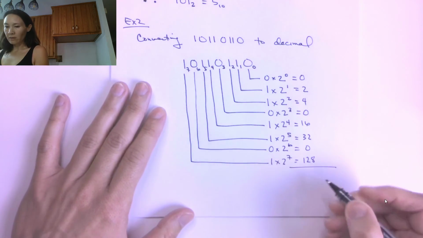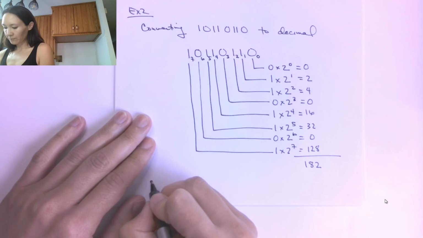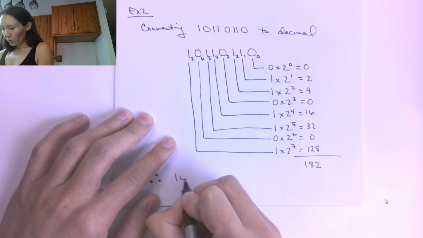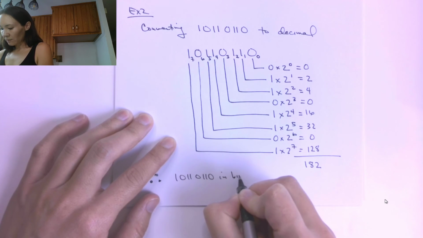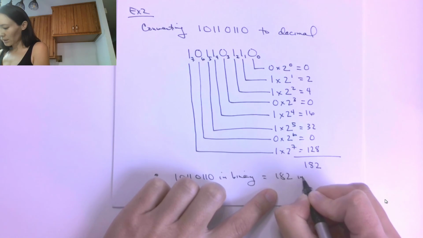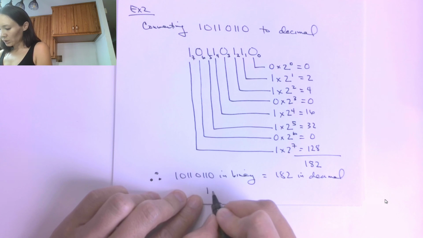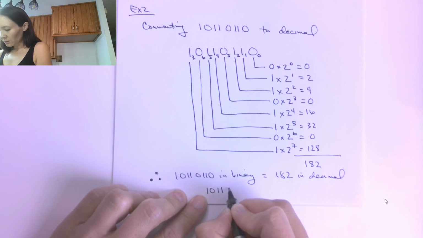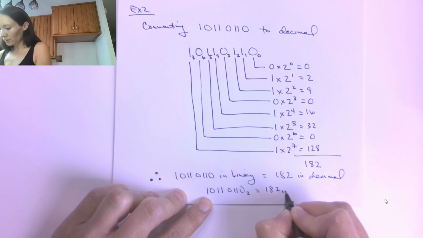So the sum of all these is 182. Therefore, 10110110 in binary is equal to 182 in decimal. Or with our subscript notation, it's 10110110 base 2 is equal to 182 base 10.